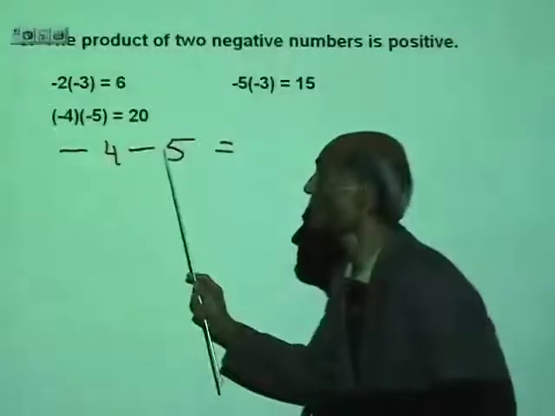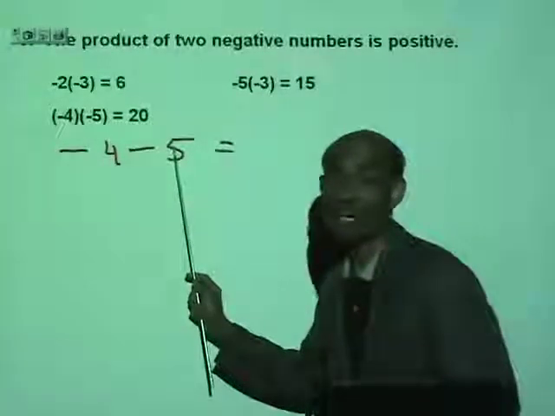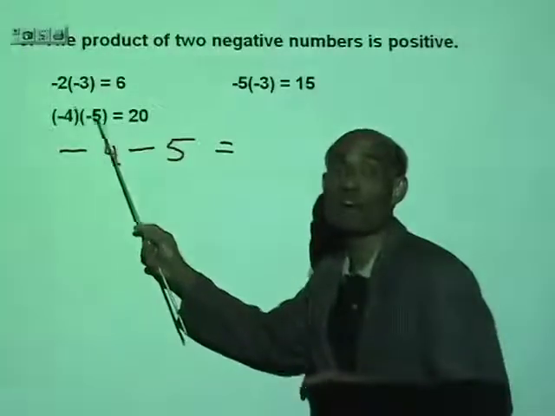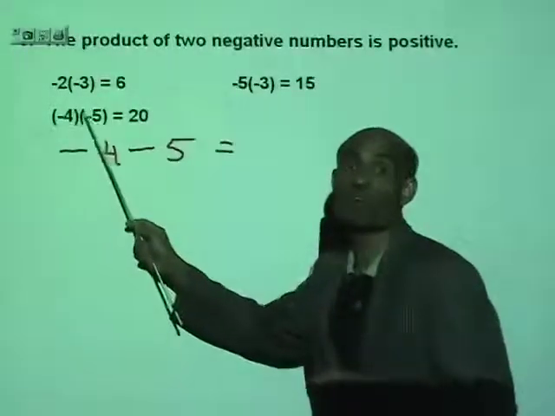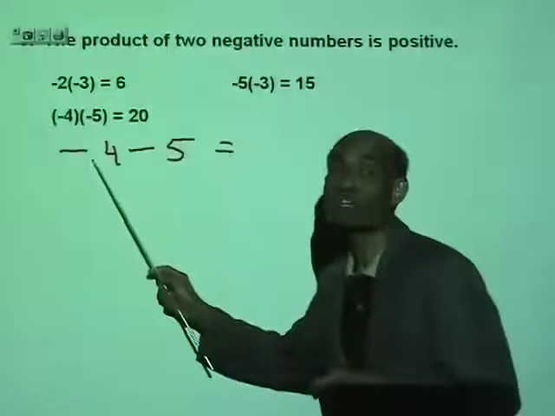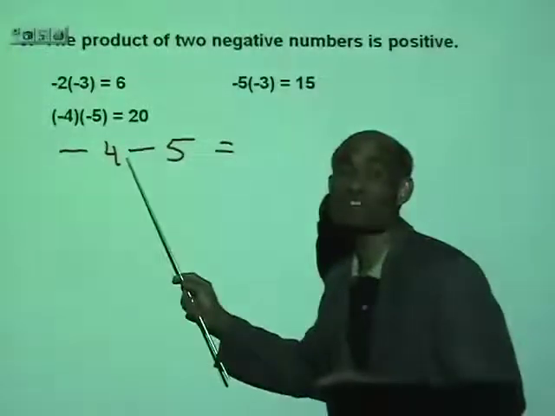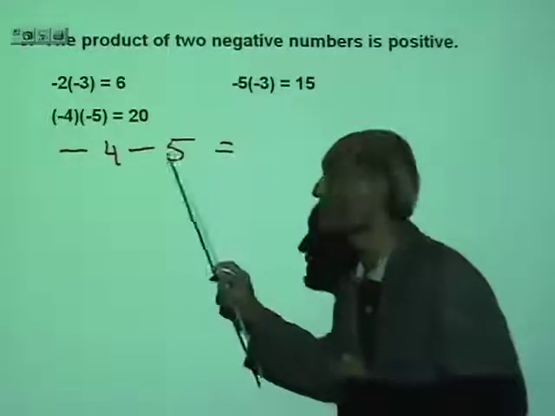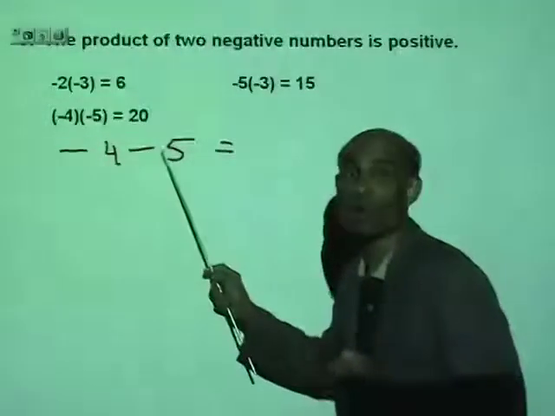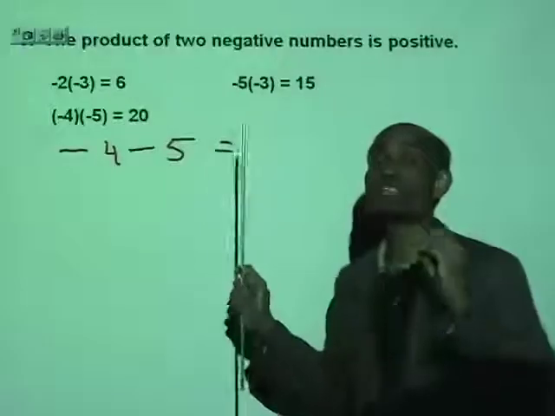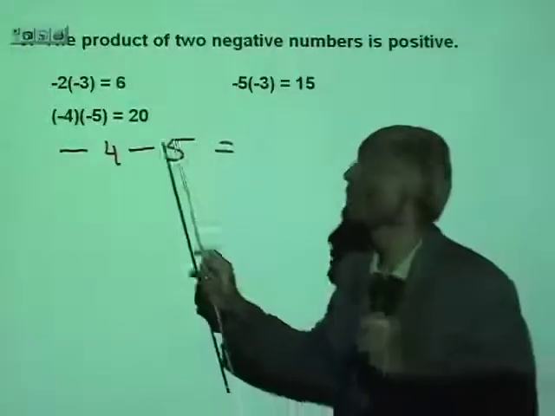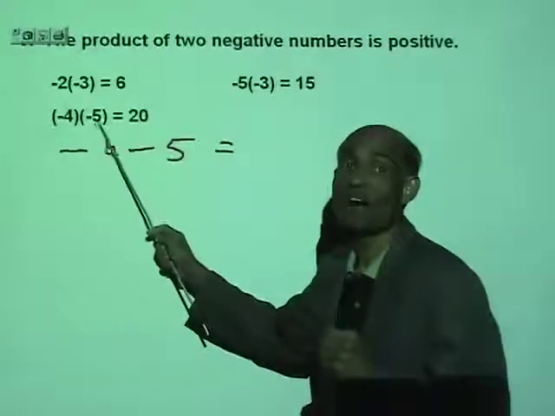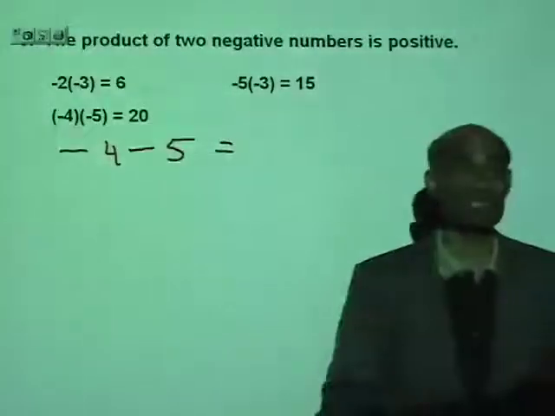Negative 4 minus 5 is not the same as negative 4 times negative 5. This is the property of double negative. This is adding two negative numbers, which will give you negative 9. Is that right? Negative 4 minus 5 is negative 9, whereas negative 4 multiplied by negative 5 is positive 20.